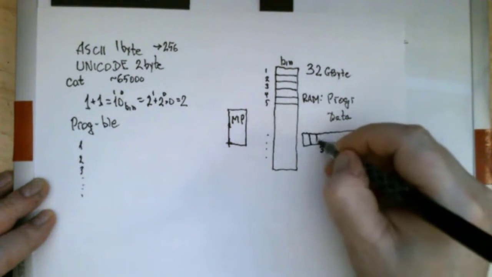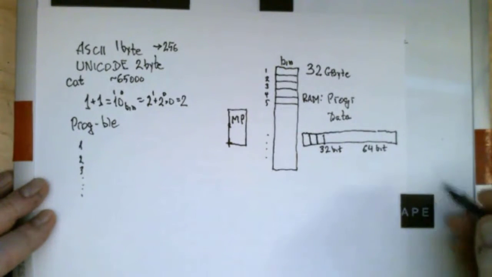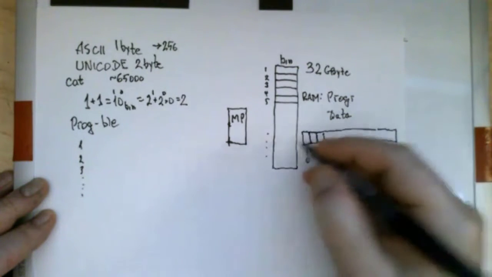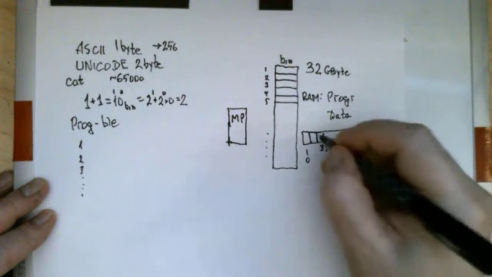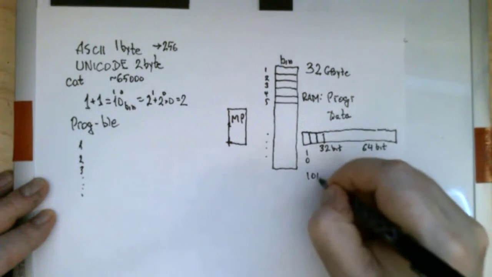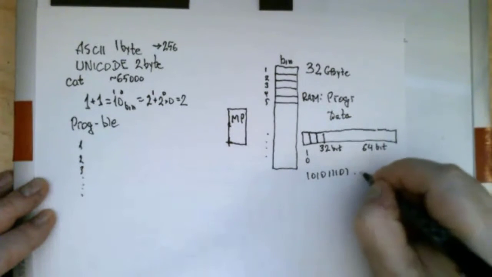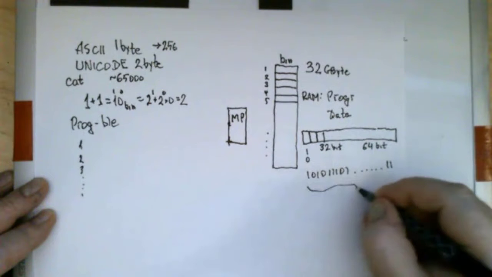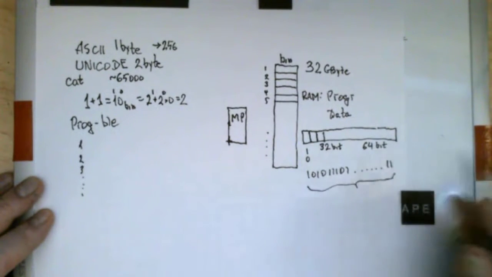Folks, bits are little subcells, each for one digital number, either 1 or 0. So memory has the freedom to hold any information under the control of the microprocessor. It could look like this: 1010, 11101, and so on. But there is total freedom to put any information in these 32 and 64 bits.